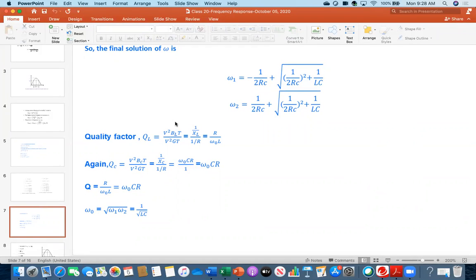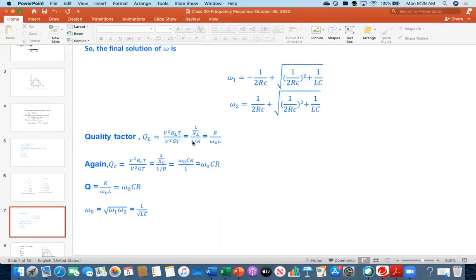It is V square BL, where BL is the inductive susceptance. That is your power, multiplied by time, because we have to look at one cycle of the waveform. And in the denominator, V square G is the power, and T makes it energy.